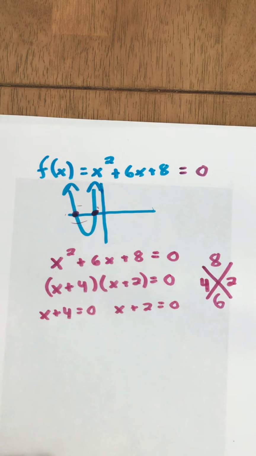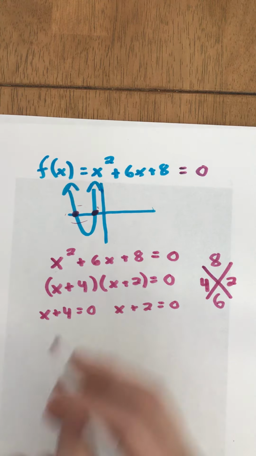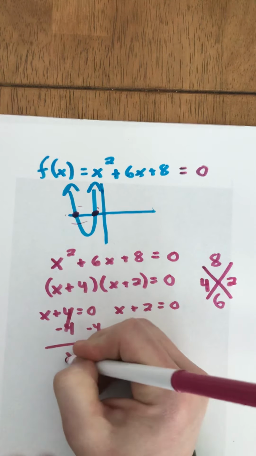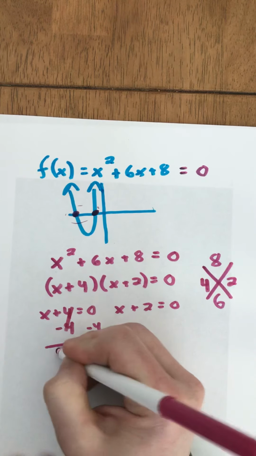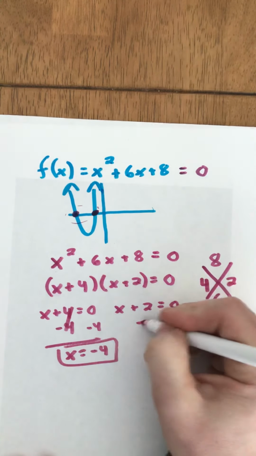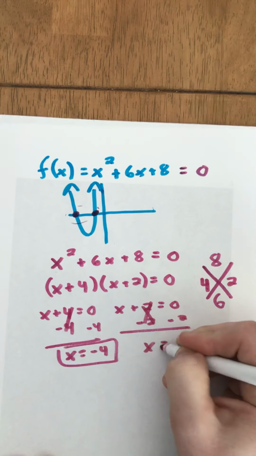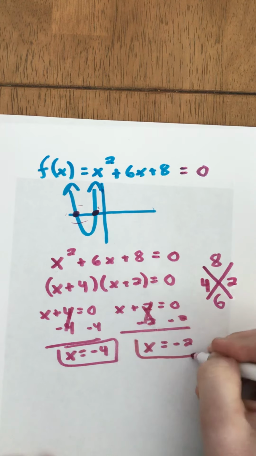So I can very easily solve these two separate equations. Minus 4, and I get that x equals negative 4. Here I'm going to subtract 2, and I get x equals negative 2.